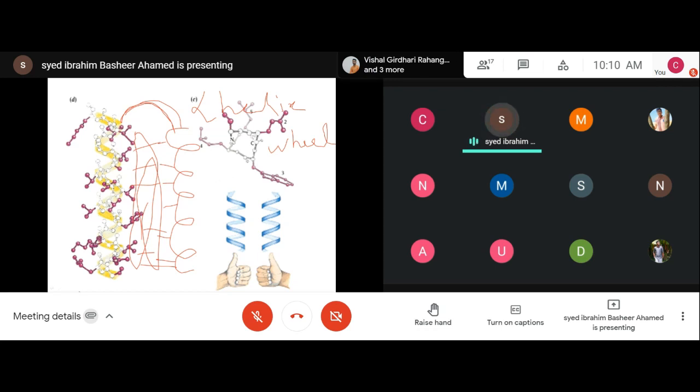Just submit your PDB file and it will make a wheel. On one side of the wheel you will see hydrophobic amino acids, and on the other side you will see hydrophilic amino acids.